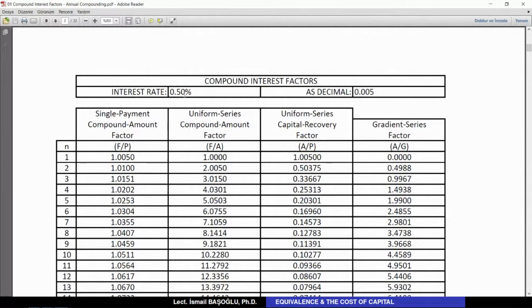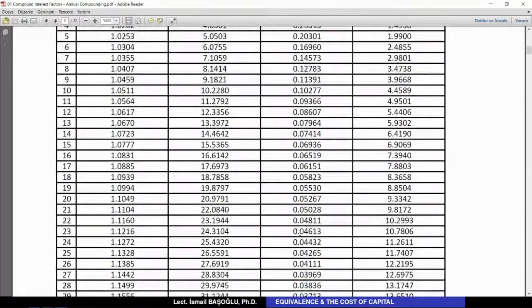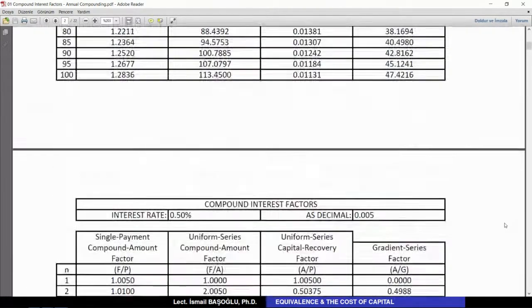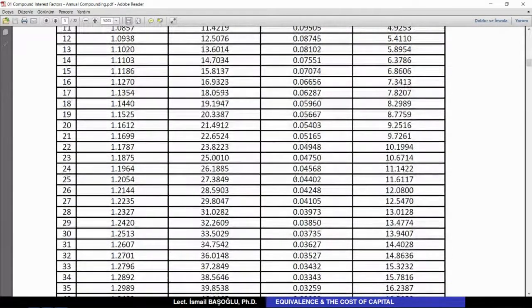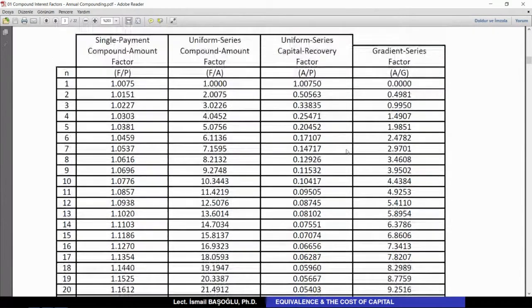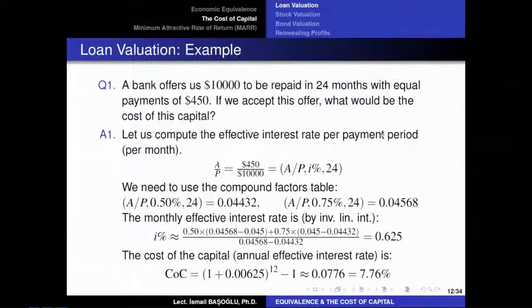For 0.50% interest rate, A over P, or the capital recovery factor, is 0.04433. And if we move one page further, for 0.75%, the capital recovery factor would be 0.04568, which is larger than 0.045 for 24 months.